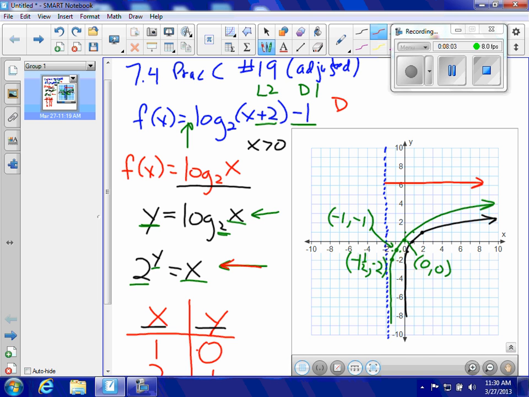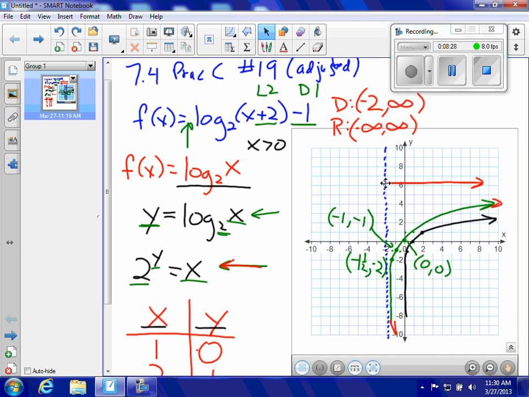So my domain starts at negative 2, doesn't touch it, that's why it's a parenthesis, and it goes to infinity. And my range on the graph is very clearly going all the way down to negative infinity, and even though it goes up slowly, it keeps going up. So my range is negative infinity to infinity, all real numbers.